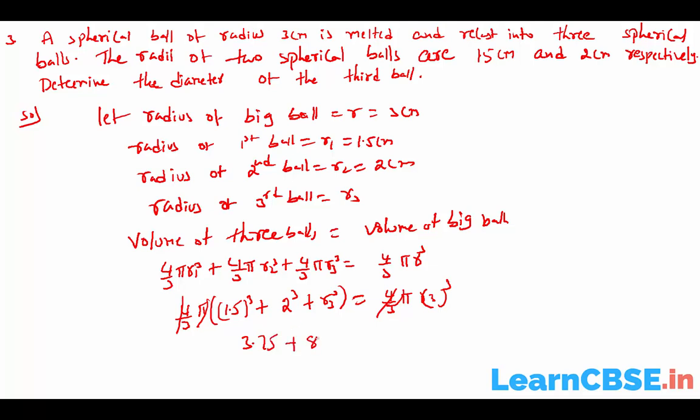Plus 2 cube means 8, plus r3 cube equals 3 cube, 27.